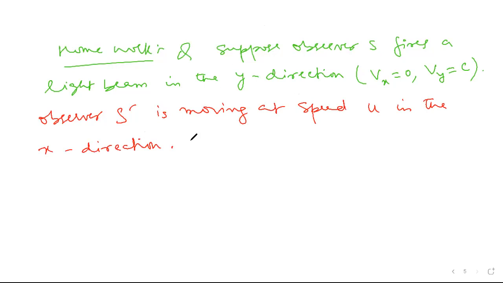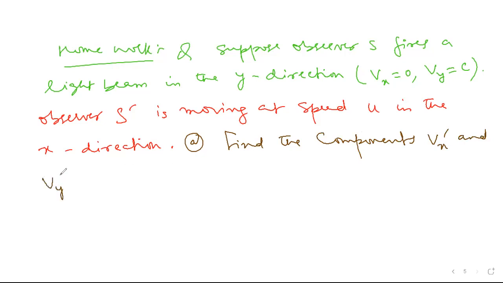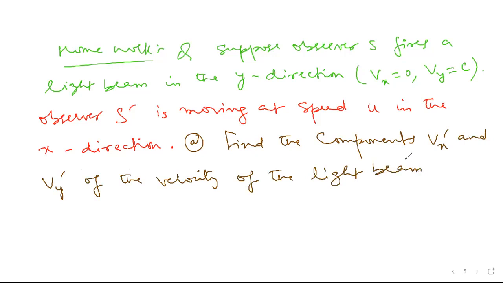Part A: Find the components Vx prime and Vy prime of the velocity of the light beam according to S prime.